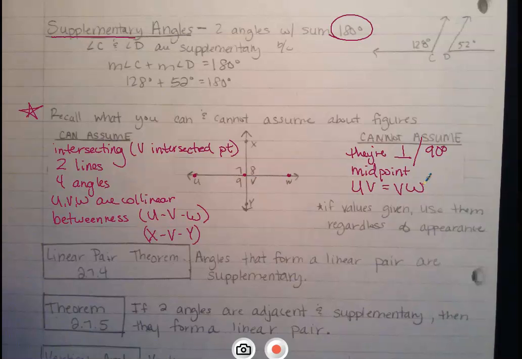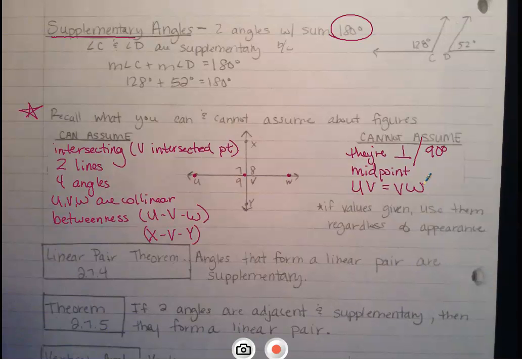Can we assume any angle pairs? Not congruent pairs, but angle pairs. Like we just talked about, the first one was a linear pair, right? Are any of the angles linear?